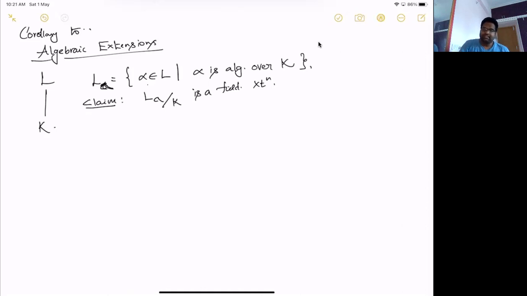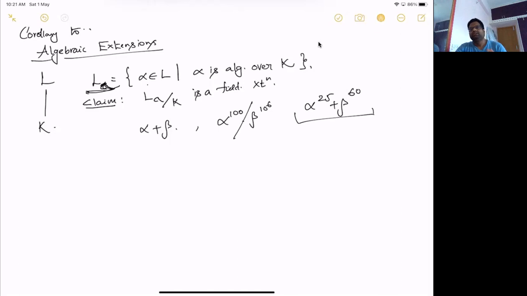So if you have these algebraic elements here, it may happen that you will have alpha to the power of 100, beta to the power of 1 million, and alpha to the power of 25 plus beta to the power of 60. So you have all kinds of these elements, and it is impossible to find a minimal polynomial for these kinds of elements and then show that L sub A is a field.